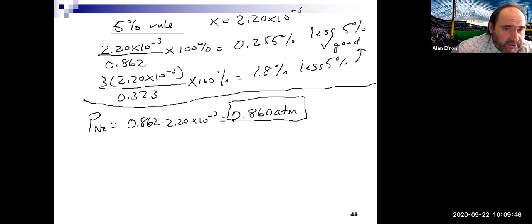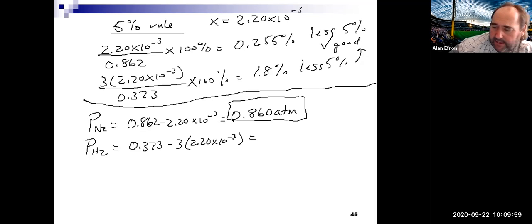Our partial pressure of H2 would equal 0.373 minus 3 times 2.2 times 10 to the minus 3. And that gets us 0.366, it looks like. And again, atmospheres, since it's a unit of pressure.